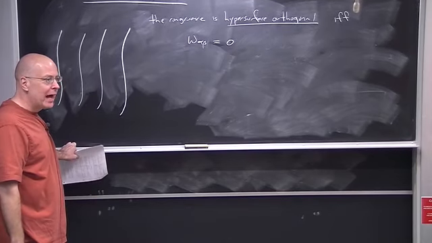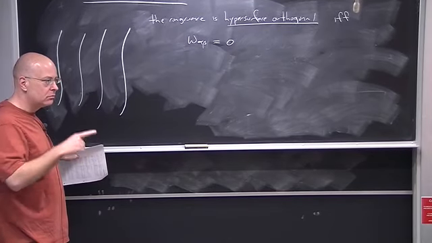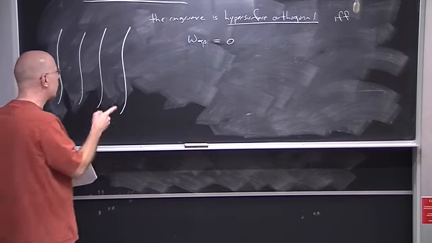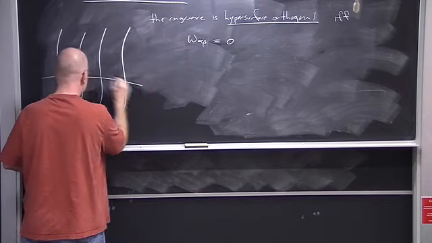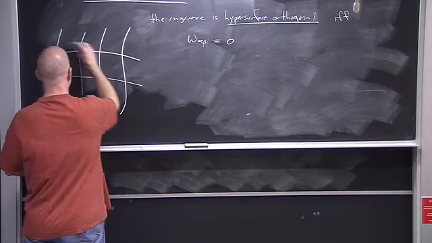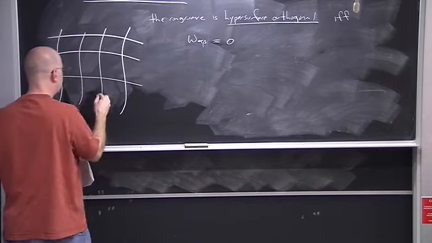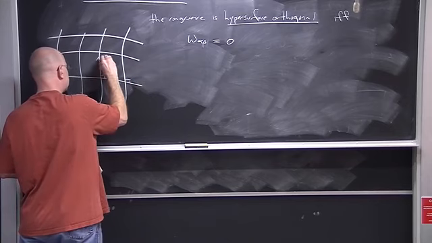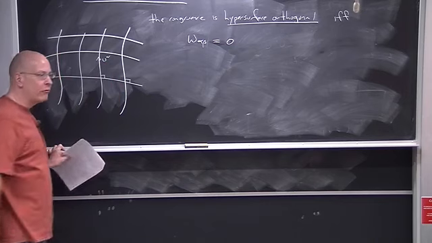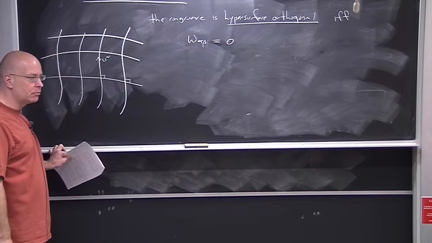The congruence will be hypersurface orthogonal if, well, it pretty much says itself, right? If you can construct a whole sequence of hypersurfaces such that at any point here, the tangent vector field to the congruence happens to be a normal vector to those hypersurfaces.